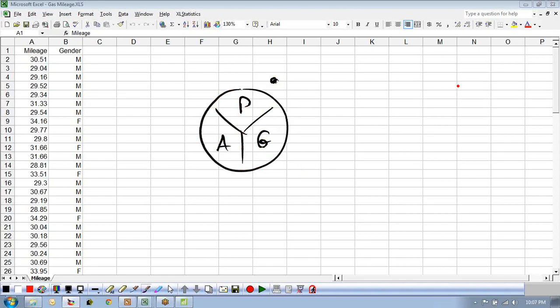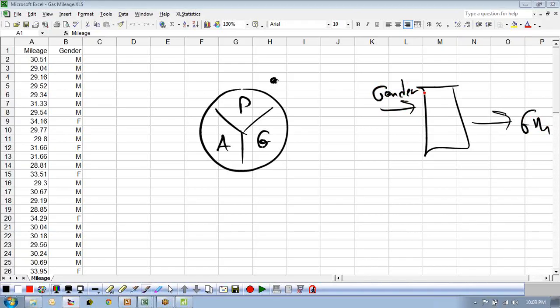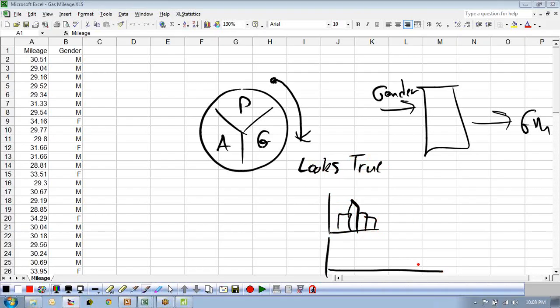I wonder if gender drives gas mileage. It certainly looks like it's true. Remember, we did the histograms, and for the men it looked like this, and for the women it looked like this, something like that. That was the picture that we got.